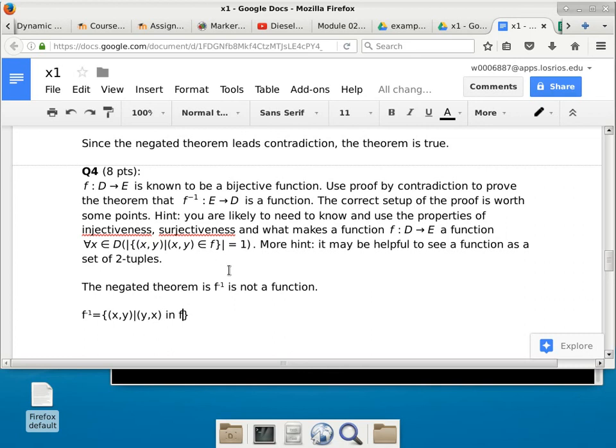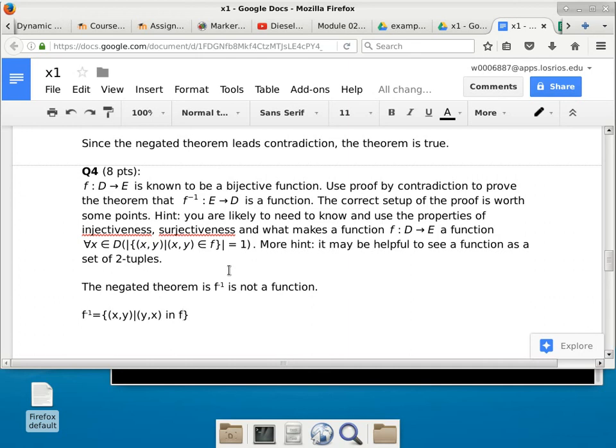But is F inverse a function? It is a set of two tuples. It doesn't automatically make it a function. Why is this not a function? The cardinality of x is 3, not 1. So from that function definition, you take the cardinality of element x in the domain, which is 0 in that case.